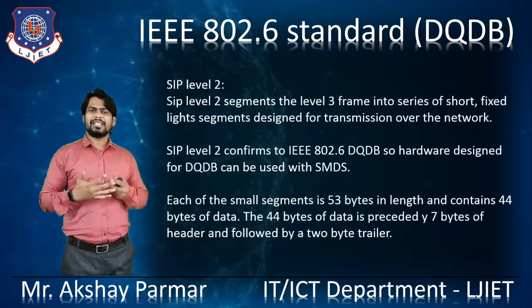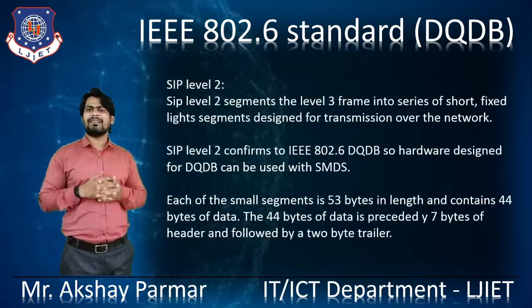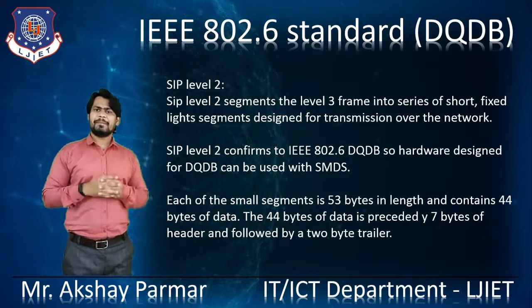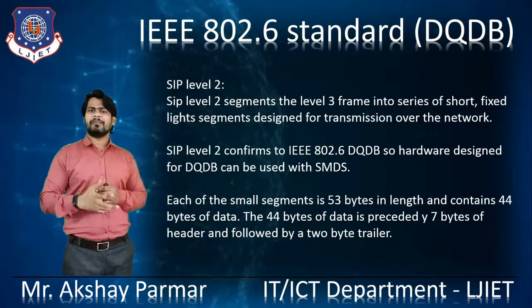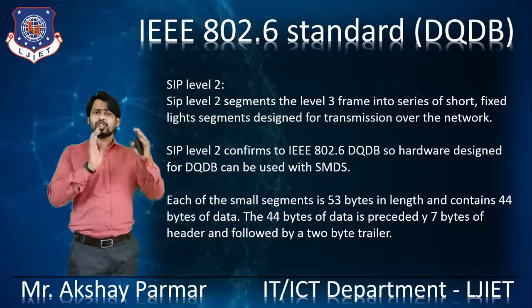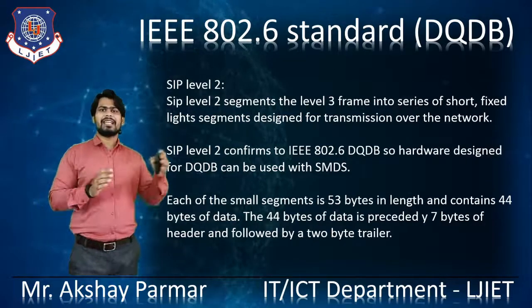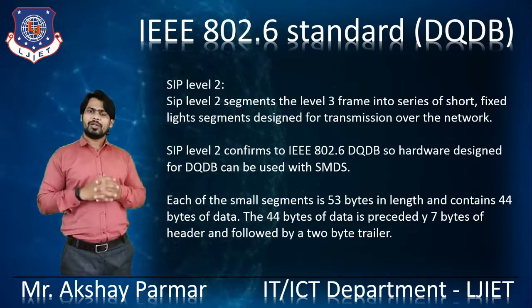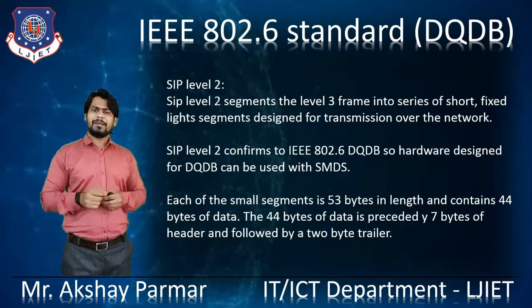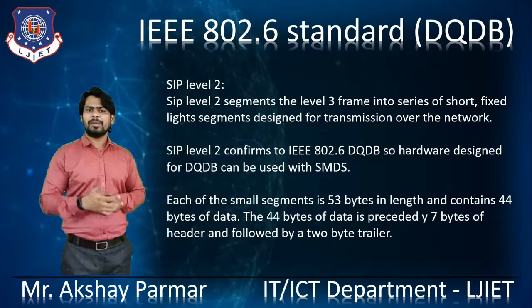After that, let's see SIP level 2 and SIP level 1, right? In SIP level 2, the level 3 frame is segmented into a series of short fixed-length segments designed to transmit over the network, right? SIP level 2 conforms to IEEE 802.6 DQDB.